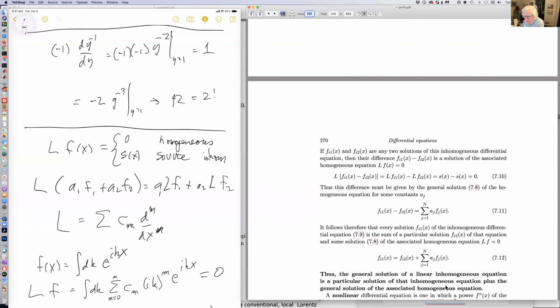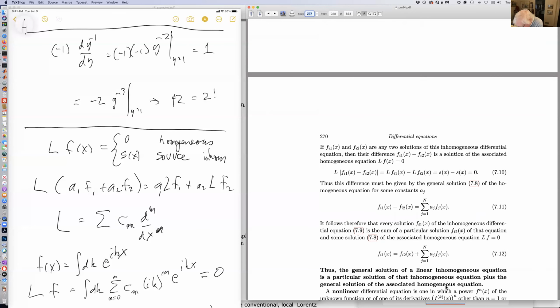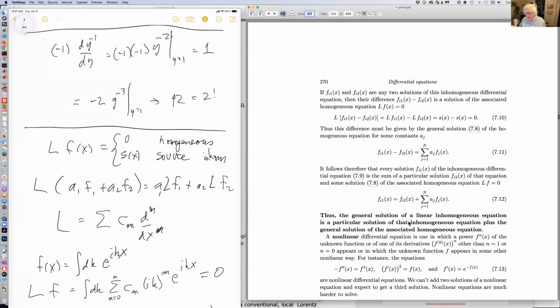So this is why, even if we are dealing with inhomogeneous differential equations, we're always interested in the homogeneous equation, because the general solution of a linear inhomogeneous equation is any particular solution of that inhomogeneous equation plus the general solution of the associated homogeneous equation.